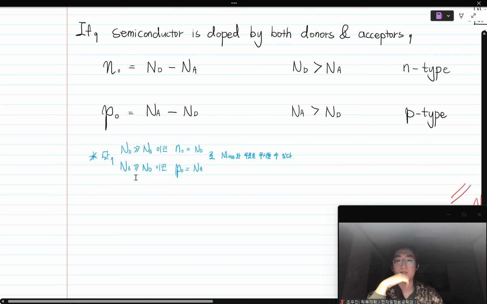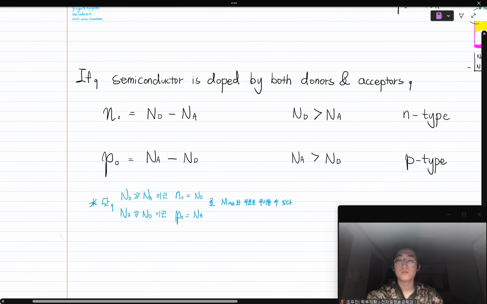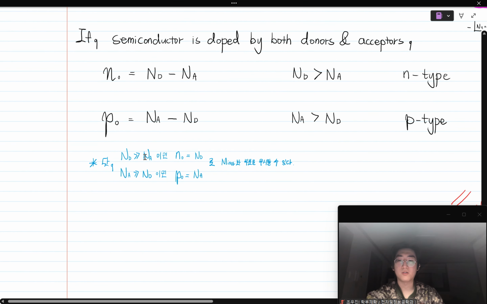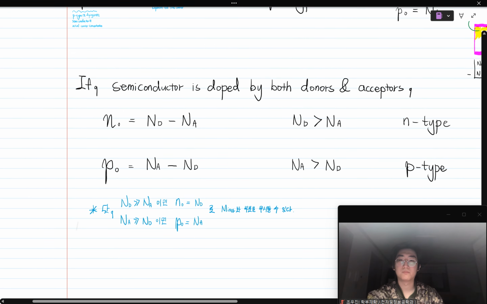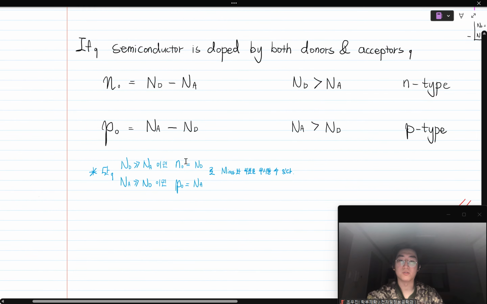In here, it is the same. If the free carriers from dopants are far bigger than Na, then we can think of the carrier concentration as equal to the free carriers from dopants.